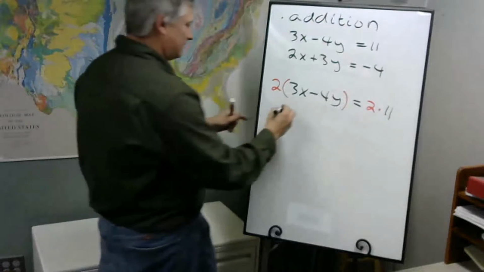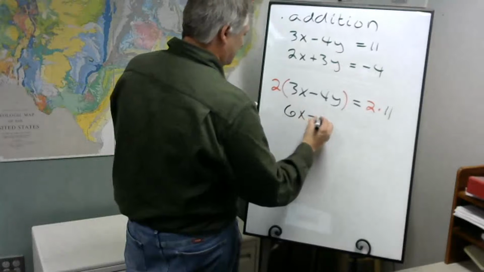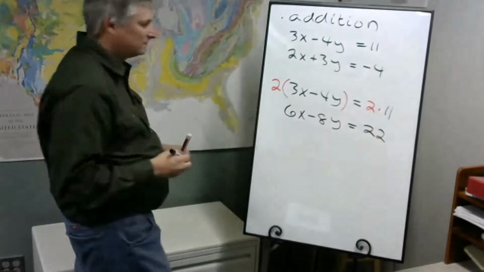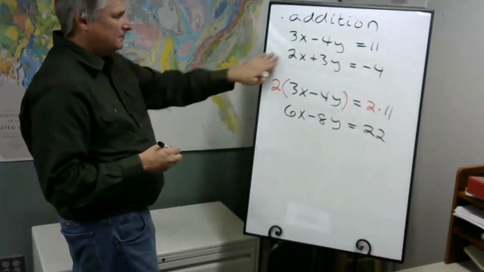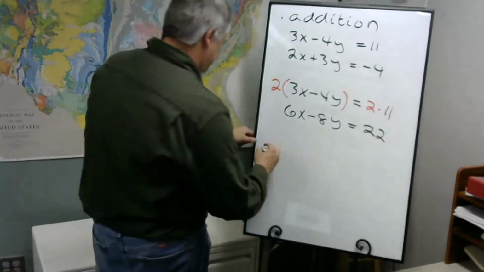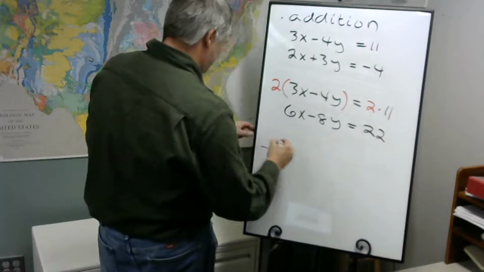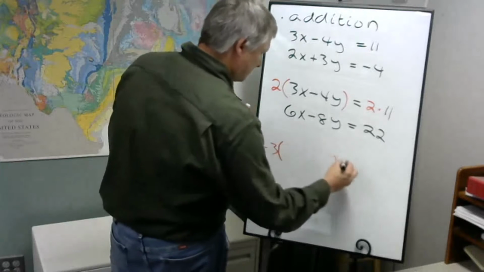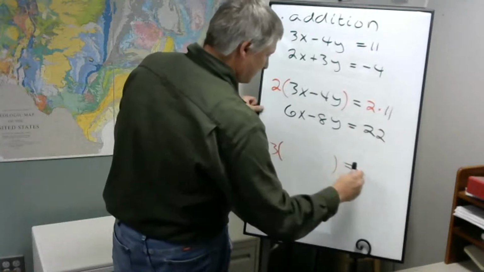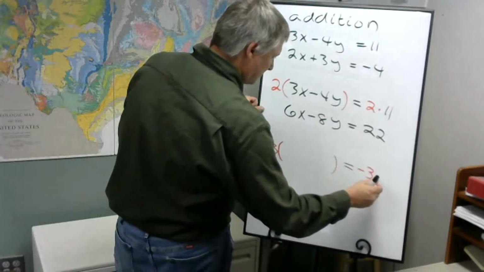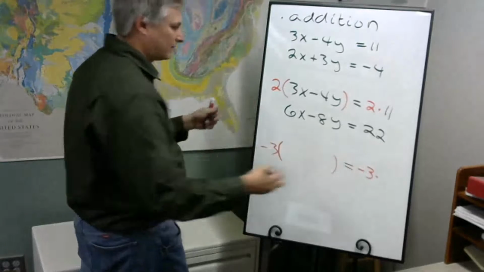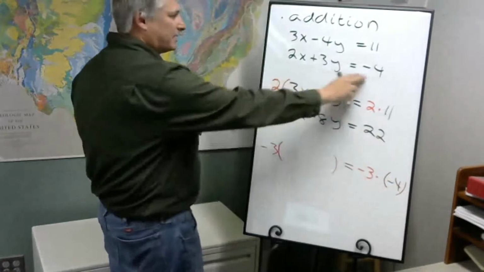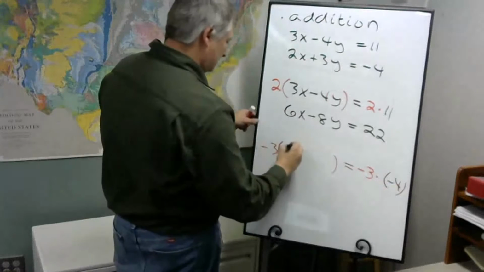If we do that, 6x minus 8y equals 22. And then applying negative 3, and we're applying it to the second equation.